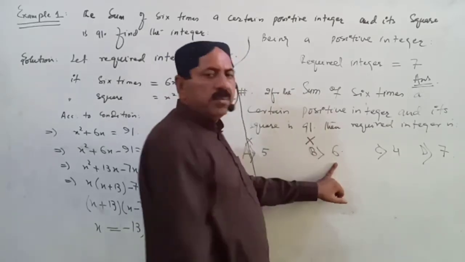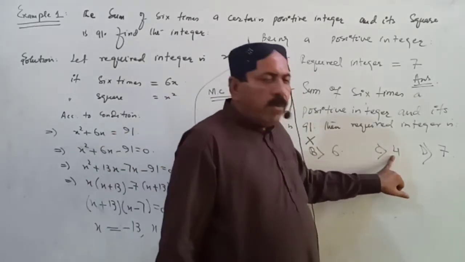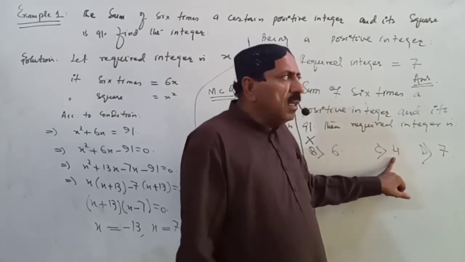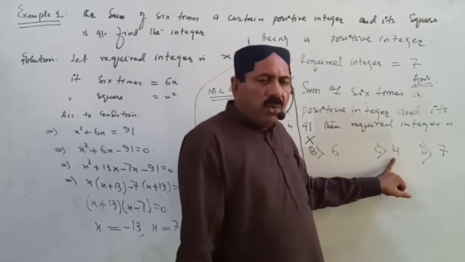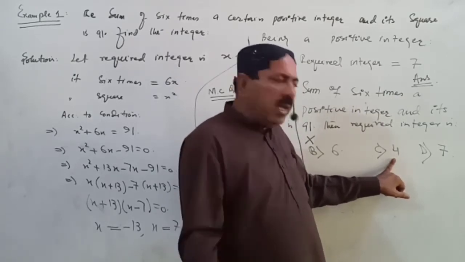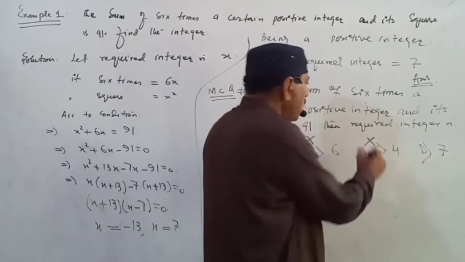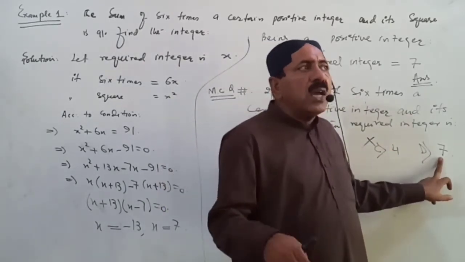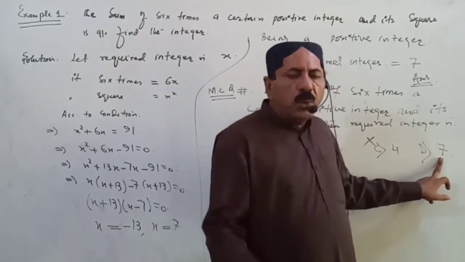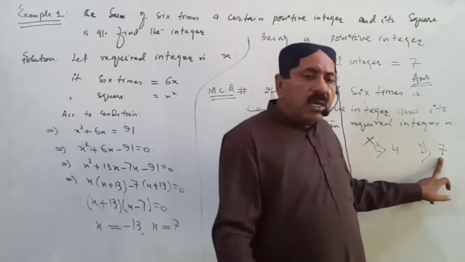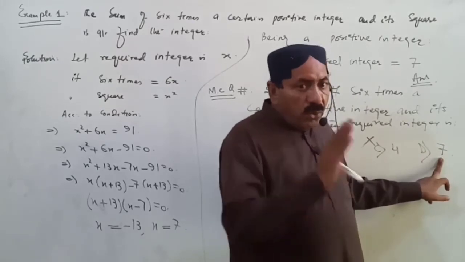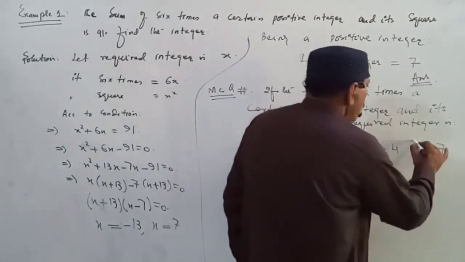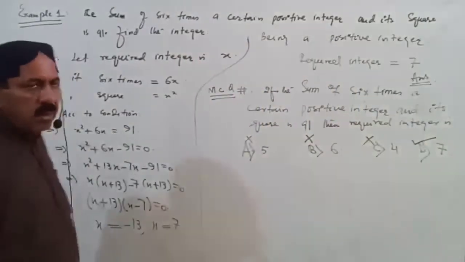This is also wrong. 4: the square of 4 is 16. 6 times 4 is 24. 24 and 16 is 40, but we need 91. This is also wrong. Okay, 7: 6 times 7 is 42. Its square, 7 square is 49. 49 and 42 is 91. We need 91. So D is the correct option.